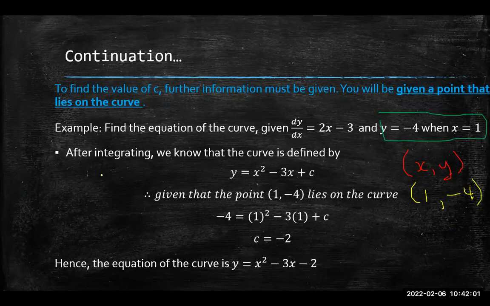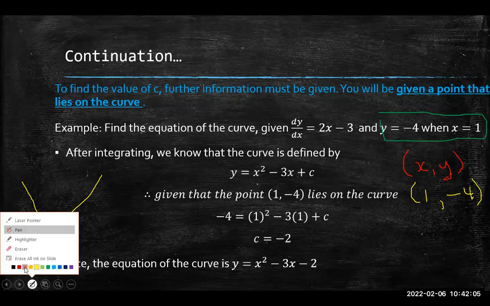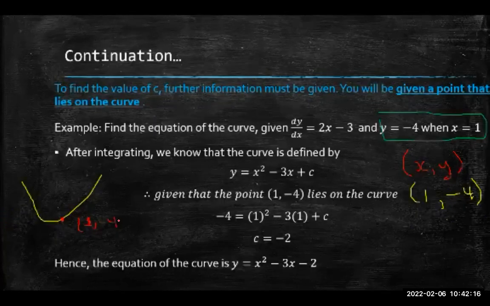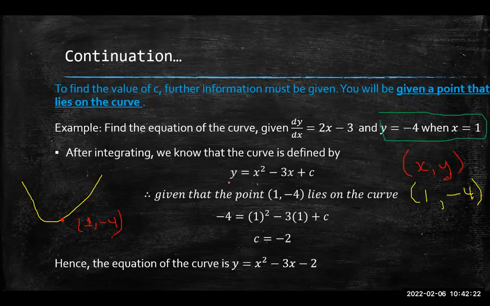So let's say I have a curve, and this here is my point, (1, minus 4). Using this point, I could substitute it into the equation that I have. After I integrate, I found out that the equation is y is equal to x squared minus 3x plus c, right?